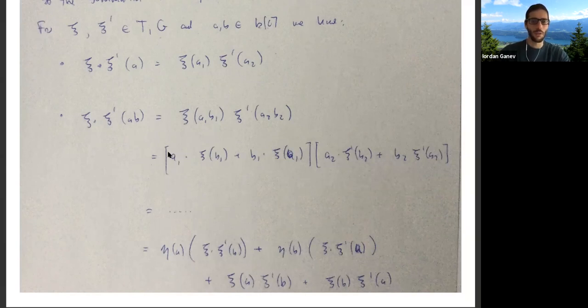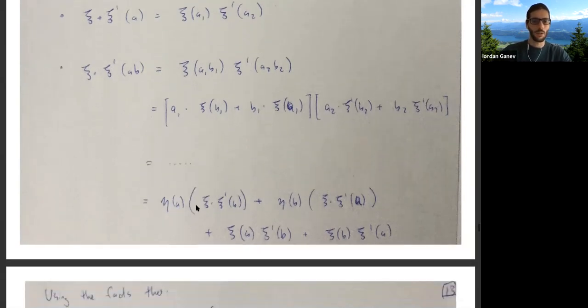You need to use the fact that this action here is via the co-unit. So A1 acting on the image of xi of B1 under xi, this image is just a scalar. So A1 acts on that scalar by the co-unit map. So we'll get that eventually correspond to this A here.